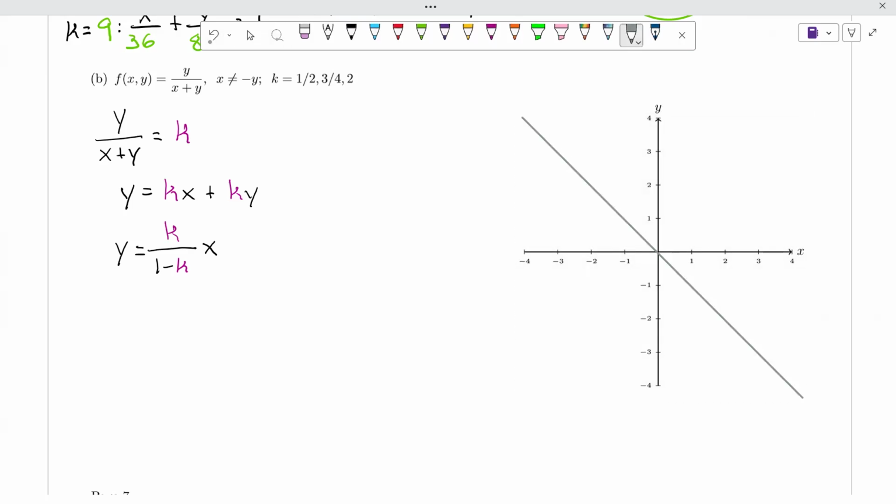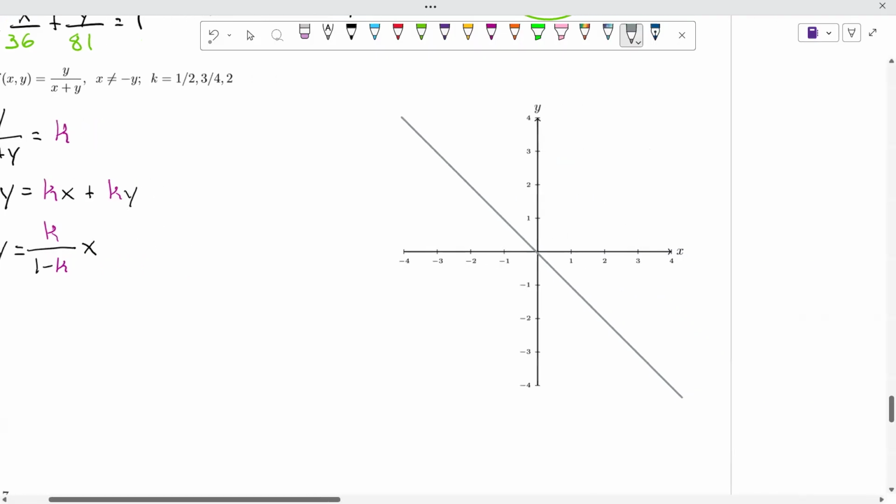Kind of felt like the computer was taking over, so it must have auto-corrected to a 45-degree angle. So that gray line is y equals negative x. And specifically, we know that y cannot be negative x. So we'll cut it out. Good enough.